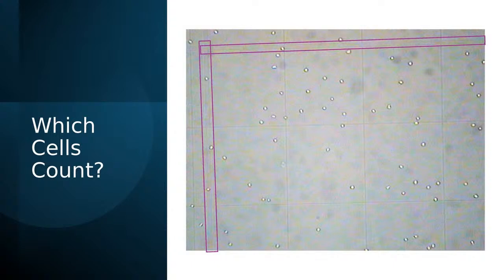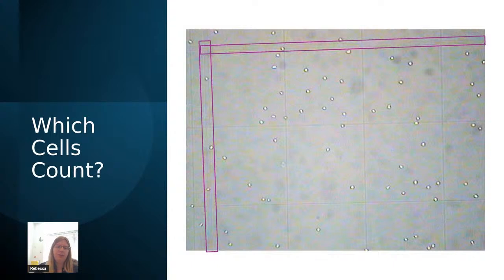And so I would say that on the left-hand side, since you guys can't see my mouse, that bottom cell that's in the pink square would not count, as it is a majority outside that boundary line for our grid that we're looking at, the square that we're looking at.